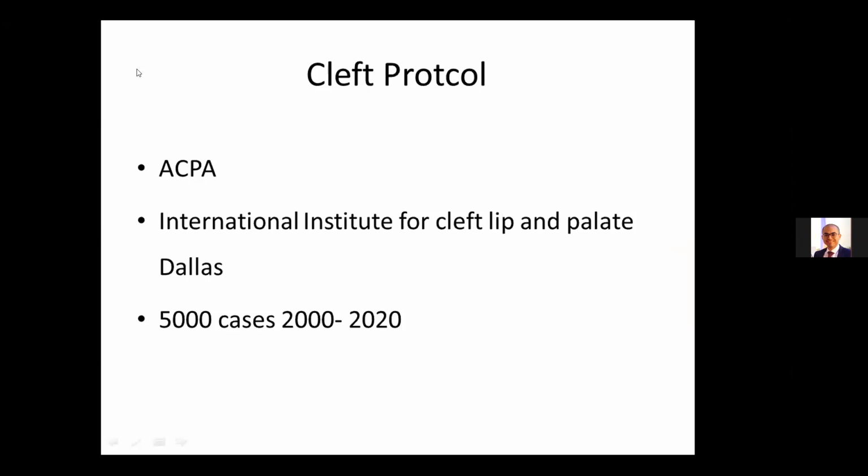Okay. Our protocol is following the one used by the American Cleft Palate Association and the International Institute for Cleft Palate.